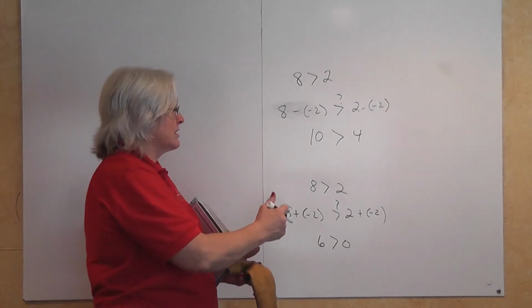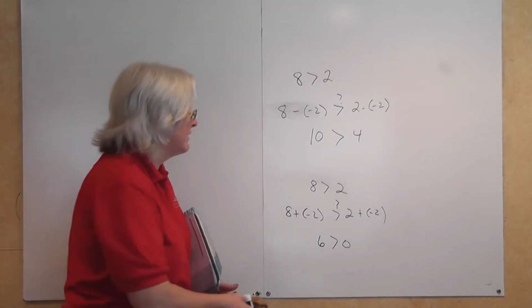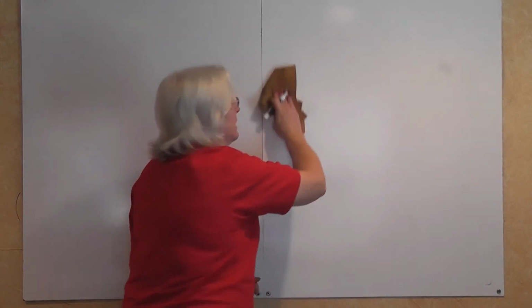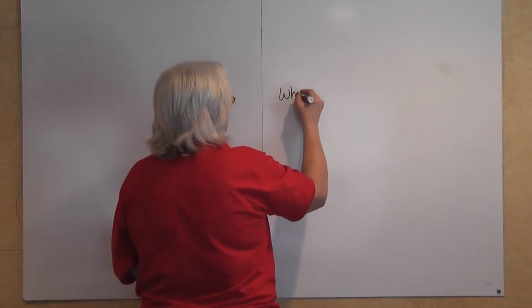So addition and subtraction doesn't matter if you're dealing with negative numbers; it has no effect whatsoever. It's when you multiply or divide, and only when you multiply or divide by a negative number.